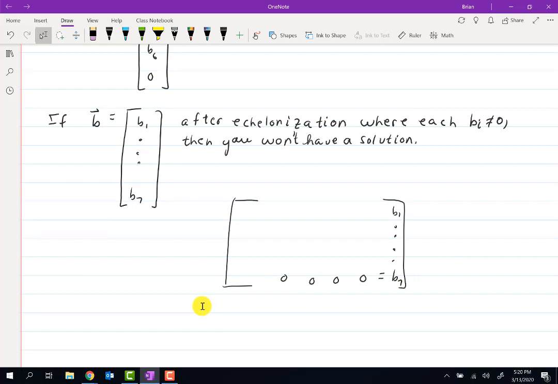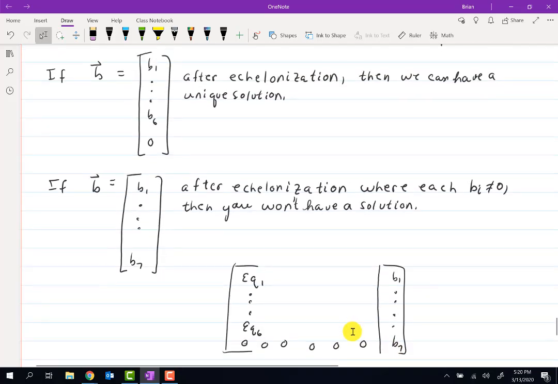So 1, 2, 3, 4, 5, 6. Instead of an equal sign, I should probably put that line that we put down for augmented matrices. So you'll have equation 1 through equation 6, but then you'll have something like this. And if that B7 is not 0, then you're not going to have a solution.